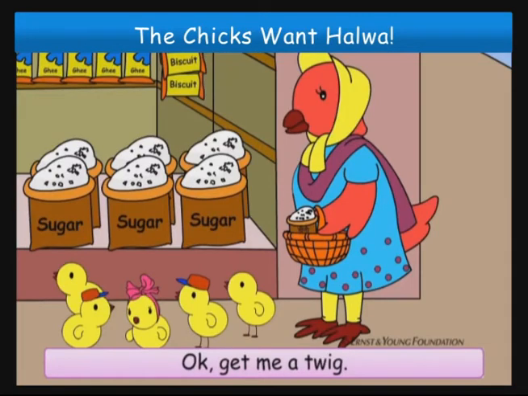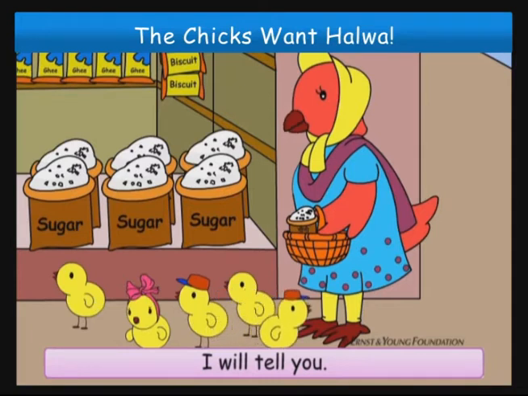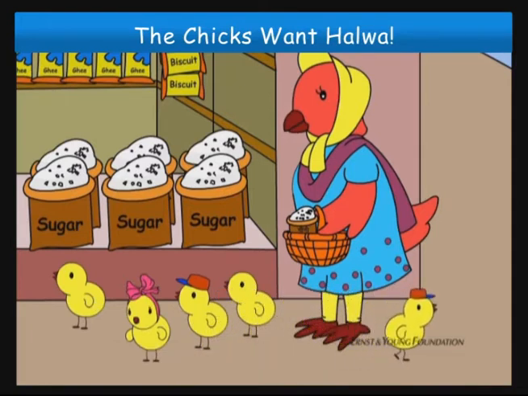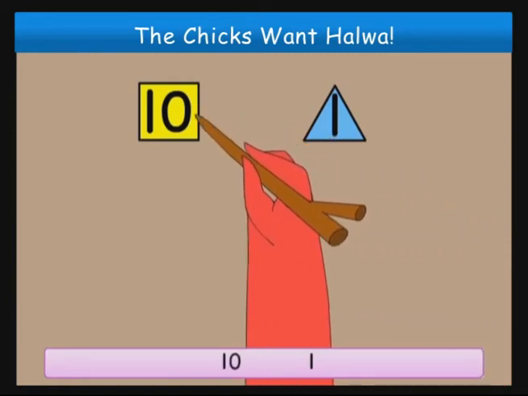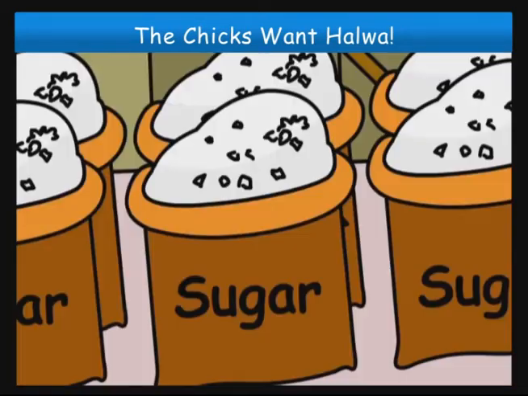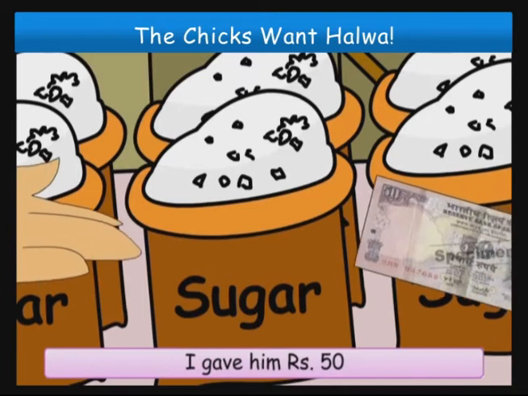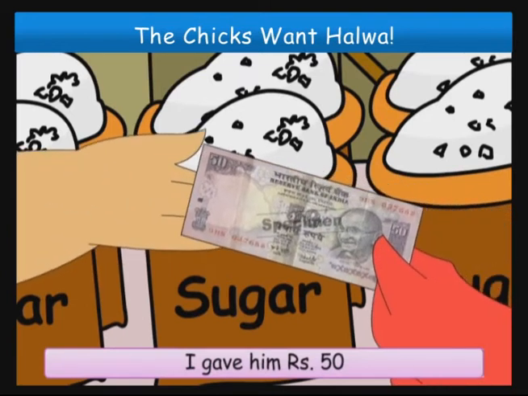Okay, get me a twig. I will tell you. Ones and tens. I gave him 50 rupees.